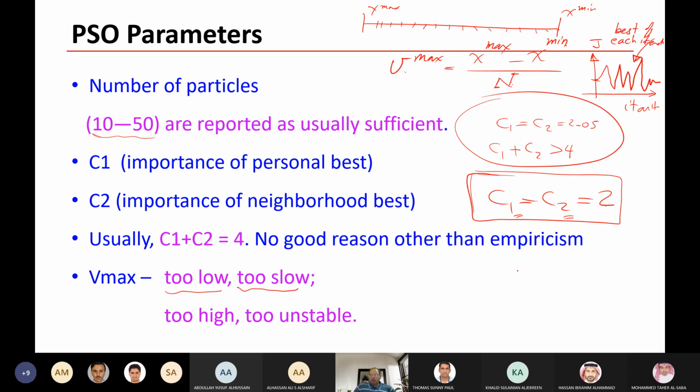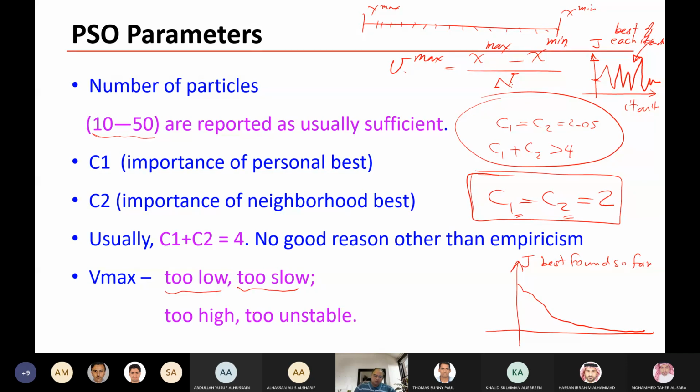But if you plot generally J of the best found so far, in this case you have the objective function decreasing with number of iteration.